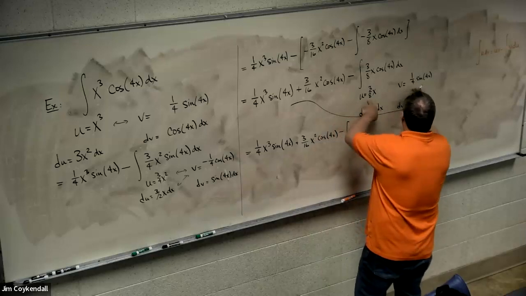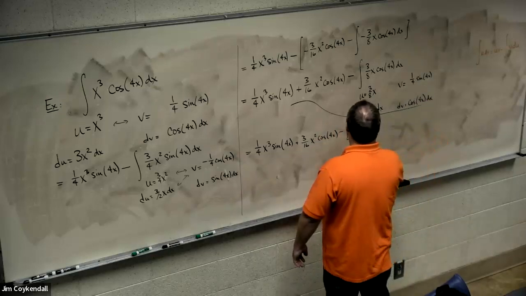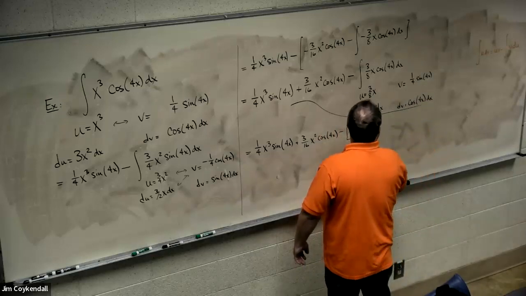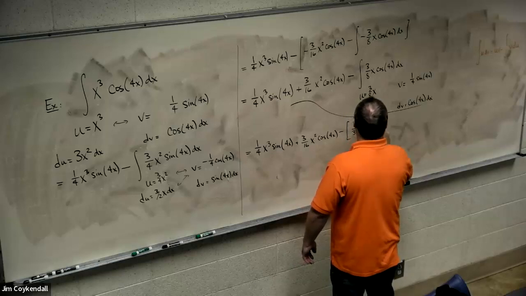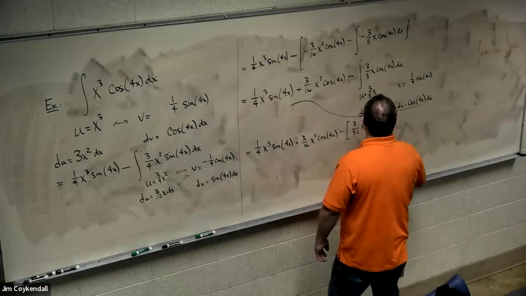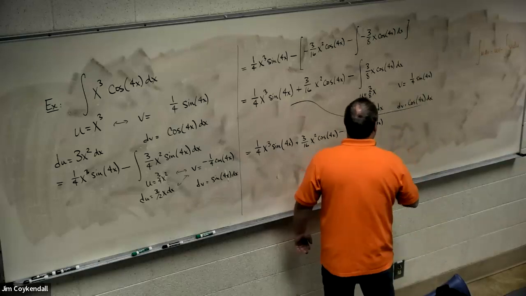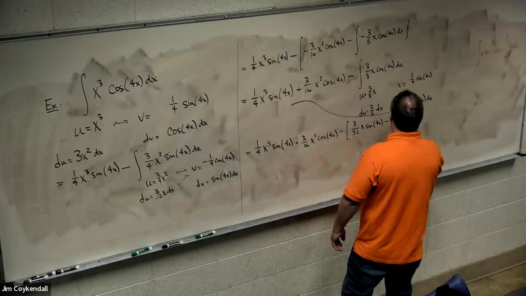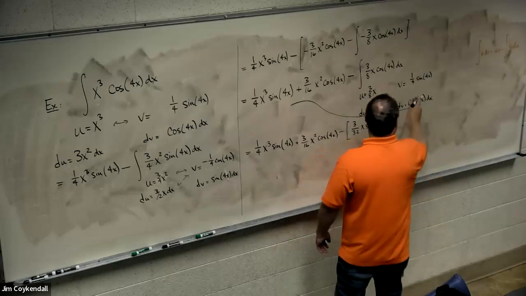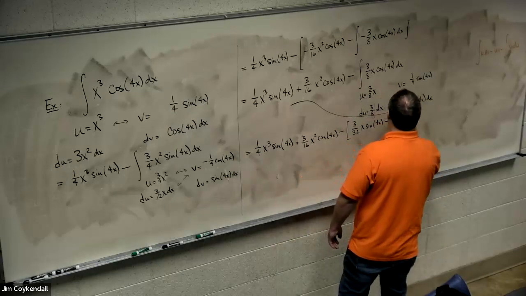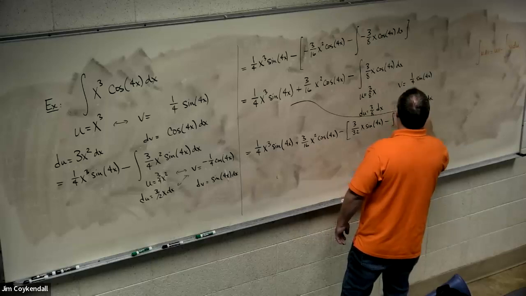This is going to be 3/32 x sine 4x, minus the integral of 3/32 sine 4x.